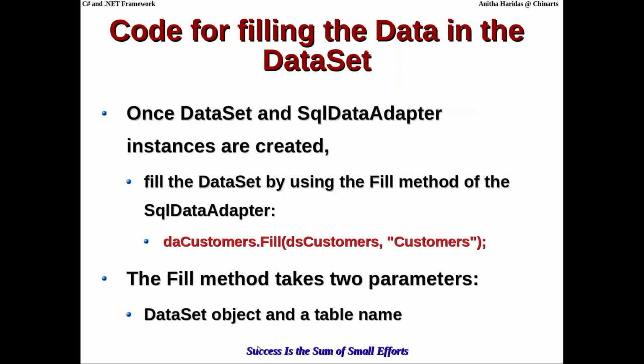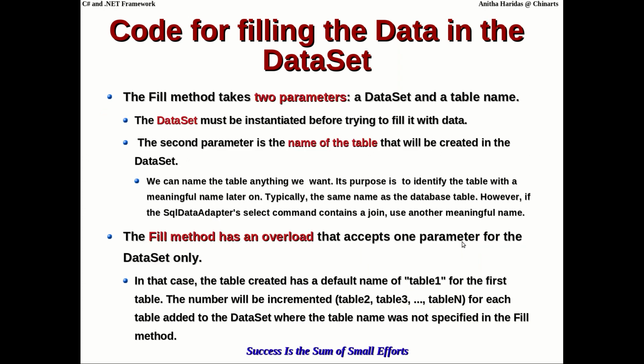So if you want, you can have your own table name here, or you can leave the second parameter so that the default table names like Table1, Table2, Table3 are used, as you have in Microsoft Access, where whenever you create a table, the table name will be Table1, Table2, Table3.